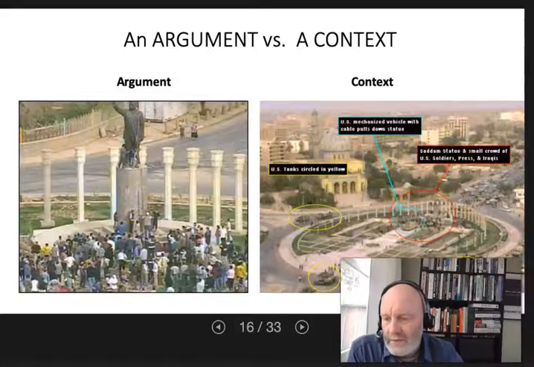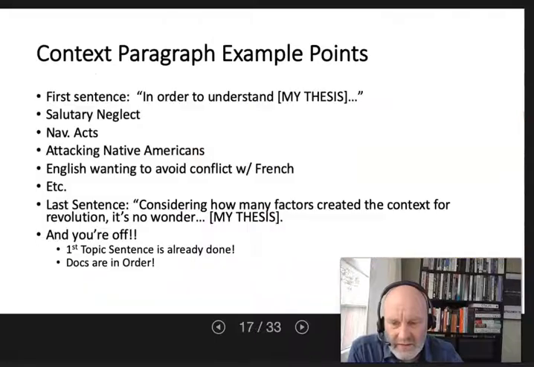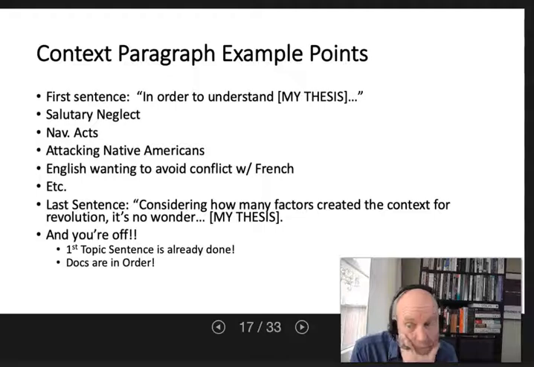So you can think of it like this. Again, first sentence: in order to understand the blank, blank, blank, the argument I just made, we should look at whatever. And salutary neglect, in this example that I use, the Revolutionary one, Navigation Acts, tax by Native Americans, whatever.